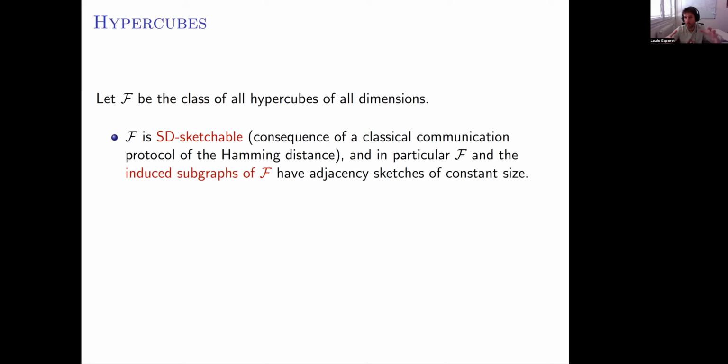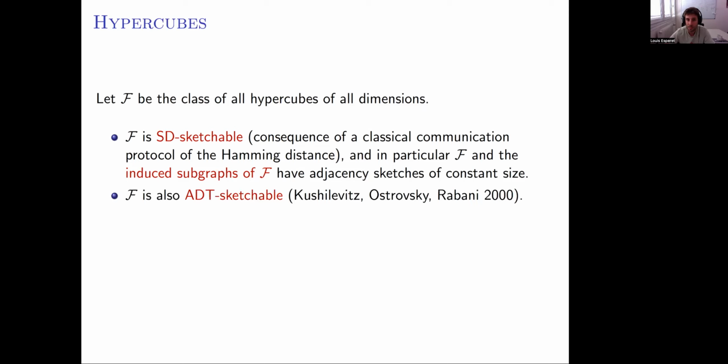And in particular, you can do that for all induced subgraphs of hypercubes, because the property of having adjacency sketches is closed under taking induced subgraphs. So if you take the class of all induced subgraphs of hypercubes, you have adjacency sketches of constant size. So it's quite nice. Well, the class is also ADT sketchable. It's a result from 2000. But it's a nice class.